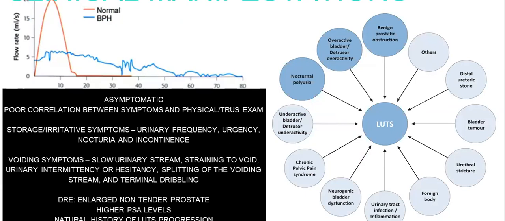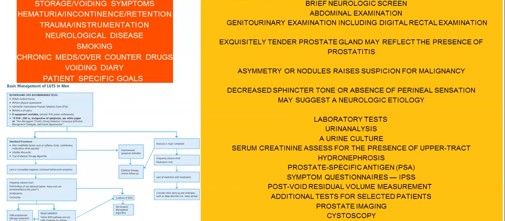The correlation between symptoms and the presence of prostatic enlargement on physical examination or rectal ultrasound is very poor. When symptomatic, BPH presents with LUTS, and typical manifestations include storage and/or irritative symptoms, as well as voiding symptoms. The physical examination generally includes a non-tender enlarged prostate on rectal examination, but like we said previously, the size does not correlate well with symptom severity.